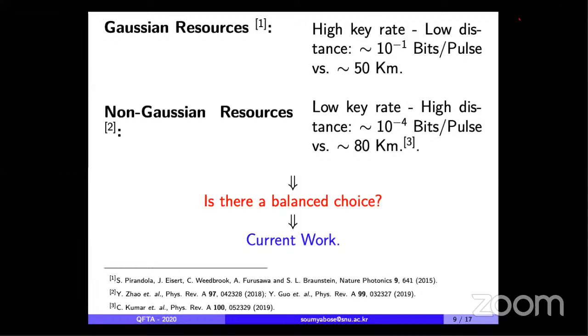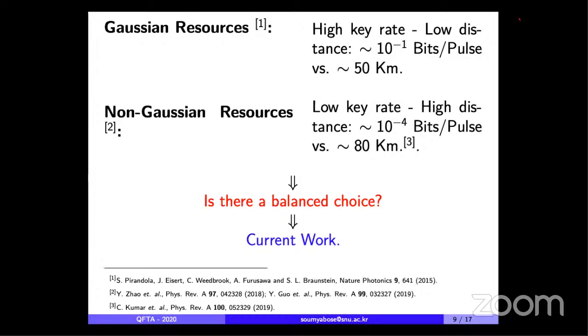On the other hand, if you use the non-Gaussian resources, then the distance can be pushed to around 80 kilometers, but the key rate falls to 10 to the power minus 4 to minus 5. This is the work that we did in our previous paper, Chandan Kumar et al. in PRA.